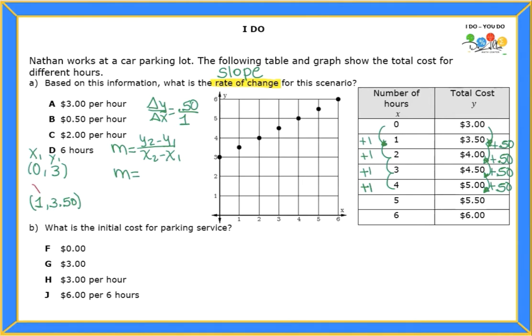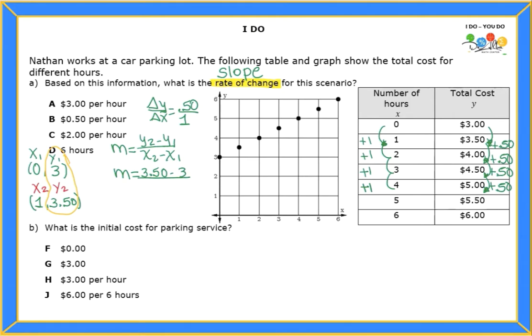Second one, this will be my x sub 2, and 3.50 will be my y sub 2 because that's my second point. I'm going to circle my y coordinates because remember, that's going to help me to decide that those numbers go on the numerator. So in the numerator, I'm going to write down 3.50 minus 3.